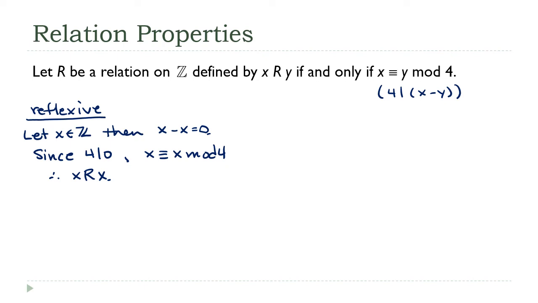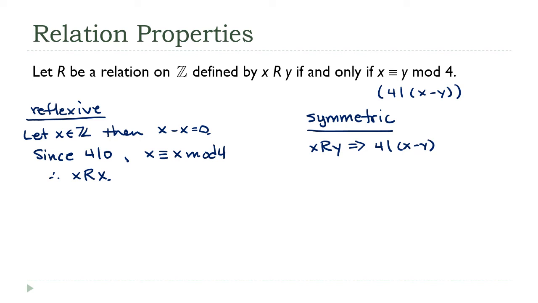All right, so how about symmetry? Is this relation symmetric? To do this, we assume that X is related to Y, and I need to show that this means that Y is related to X. Well, if X is related to Y, that means 4 must divide the difference of the two.